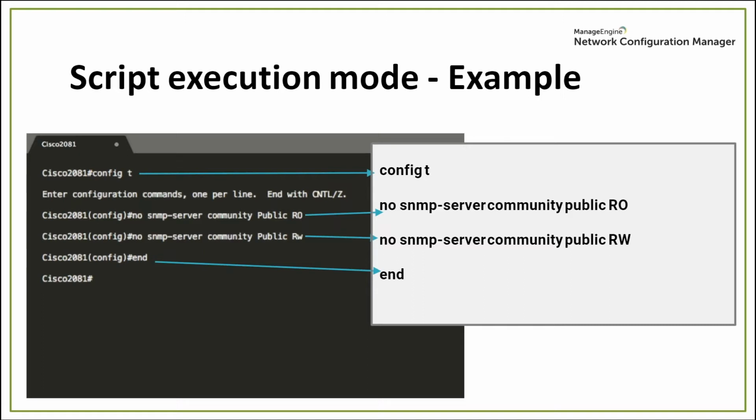And on the right-hand side, you can see the commands that will be present in a configlet. So if you are creating commands using script execution mode, this is how you will identify which command should be present where in the configlet. The commands you entered in the telnet will be the same as those executed in a configlet. Now let me tell you an example for a script execution mode.